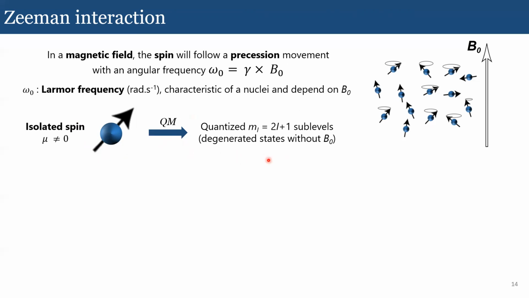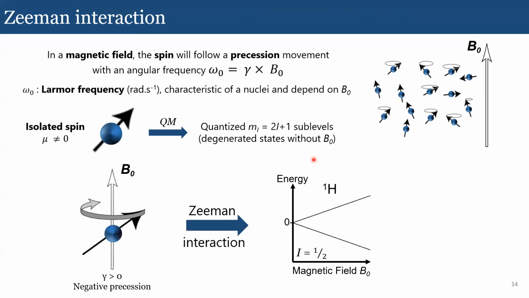In fact, you have m_I levels, where m_I is a function of the actual spin value of the nuclear spin. These sublevels are going to be degenerate. And when you then apply the magnetic field, the Zeeman interaction kicks in, and now you are splitting the sublevels into different values that are non-degenerate levels.